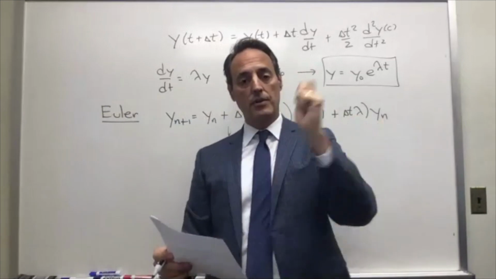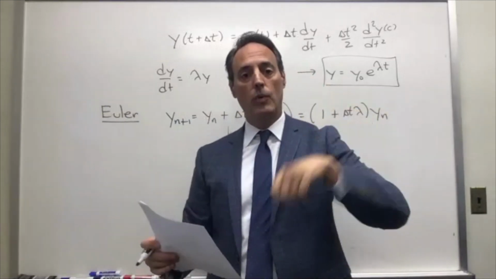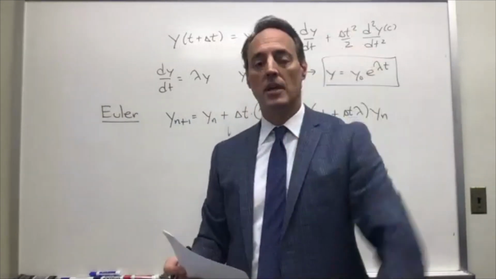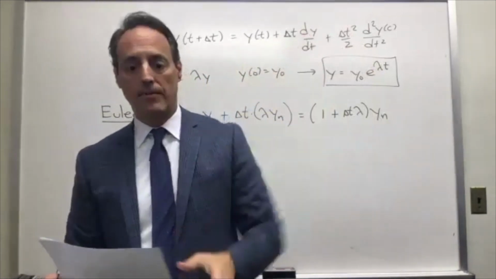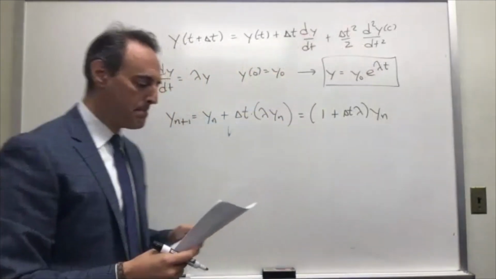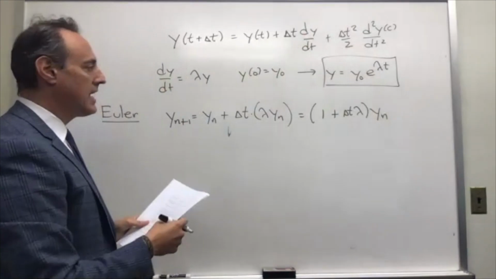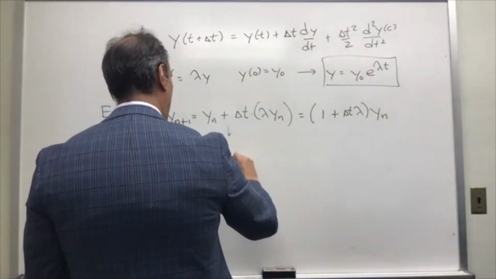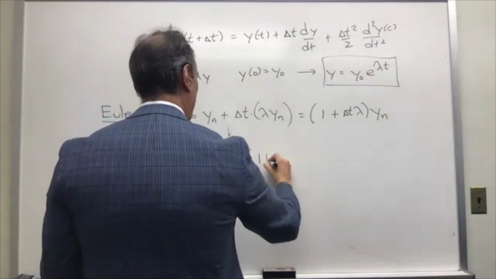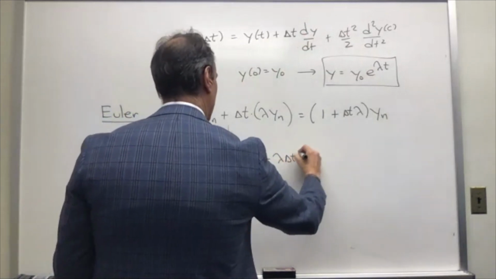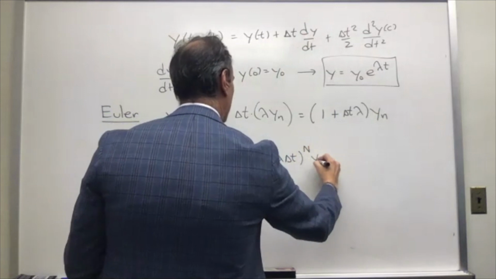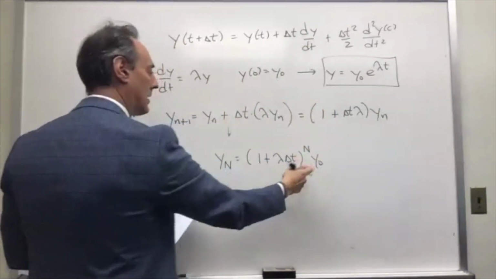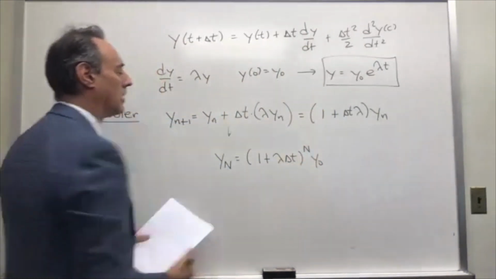I start off with y0 to get to y1, y1 to y2, y2 to y3, and I just can do this and make n steps into the future, okay? And in fact, if I take n steps into the future, what you end up getting is y of n is equal to (1 plus lambda delta t) to the nth power times y0. And I'm just applying this formula n times starting from y0.